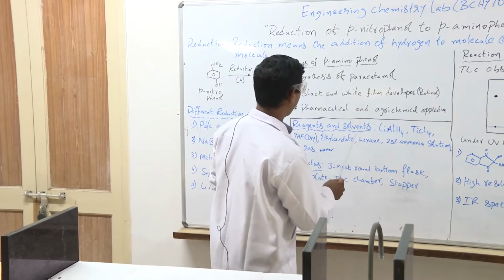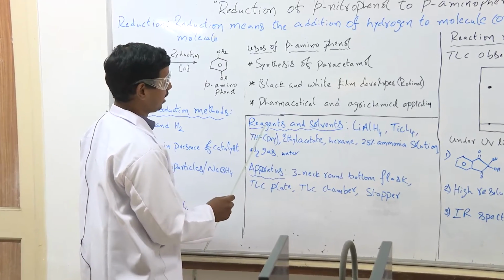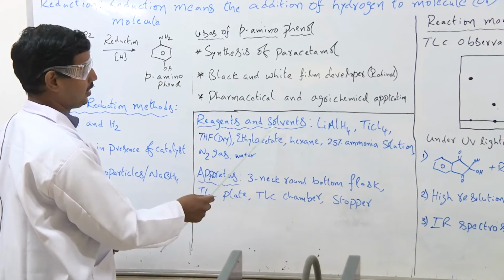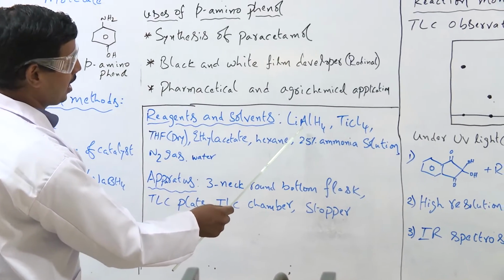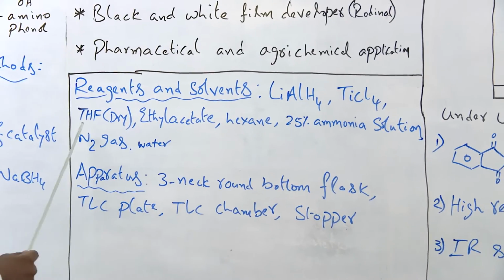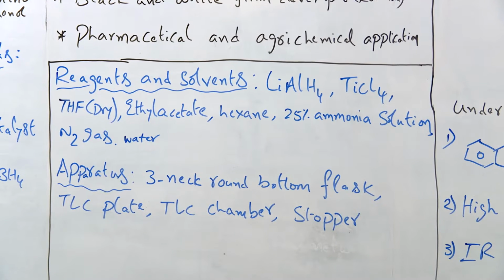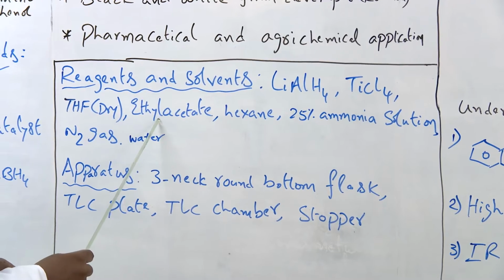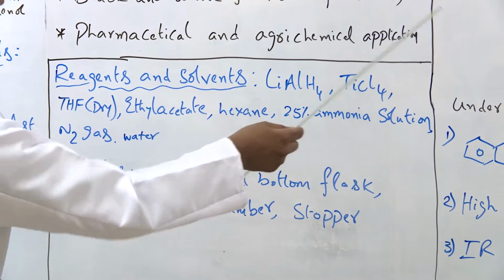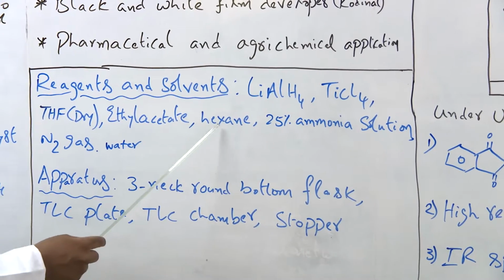Now we will go through the reagents and solvents. For this experiment we require different reagents and solvents: lithium aluminum hydride, titanium tetrachloride, and dry THF. Dry THF, that is anhydrous THF, is required for the reaction. To isolate the product and to run the TLC we require ethyl acetate and hexane.